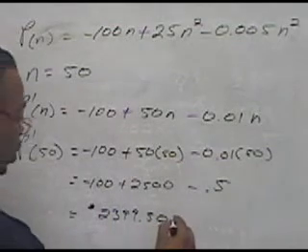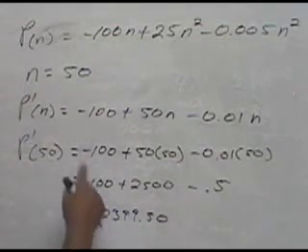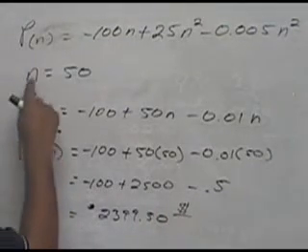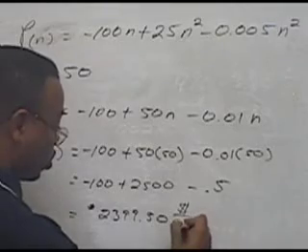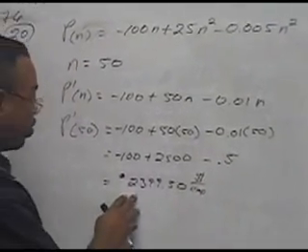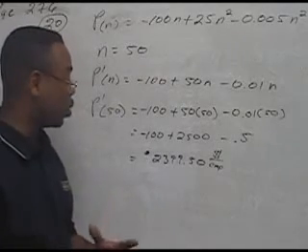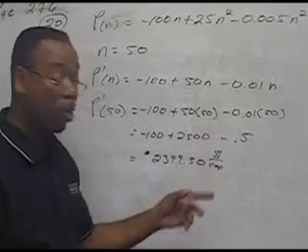And it's positive. Since the output is profit, it's money, and the input n is the employees. So when we have 50 employees, at that instant, we'll be able to gain $2,399.50 per employee.